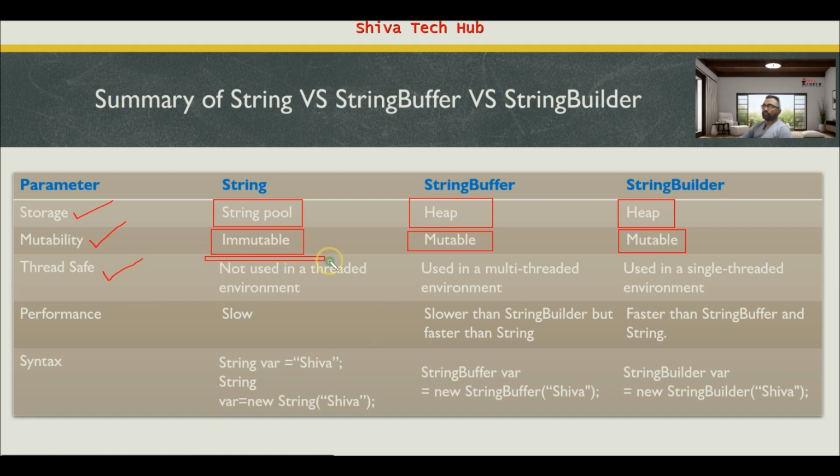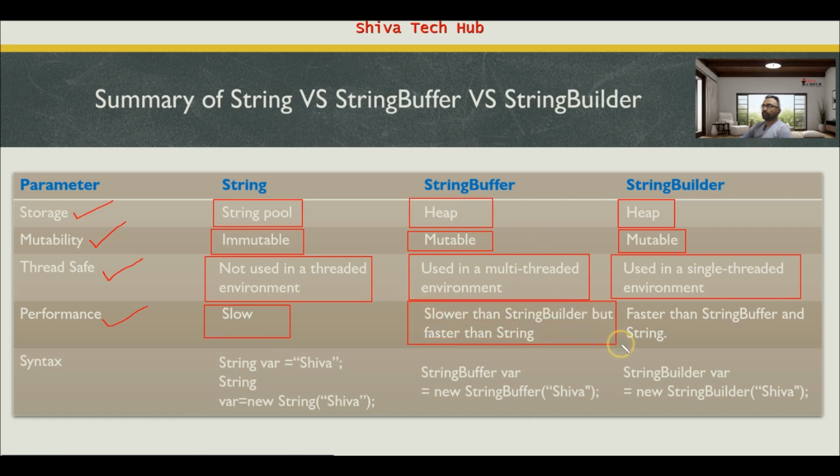Strings cannot be used for a threaded environment, whereas StringBuffer can be used for the multi-threaded environment, whereas StringBuilder is used for the single-threaded environment. This is one of the main differences between String, StringBuffer, and StringBuilder. And in terms of performance, String is the slowest of all three, StringBuffer is slower than StringBuilder but faster than String, whereas StringBuilder is the fastest of all three.